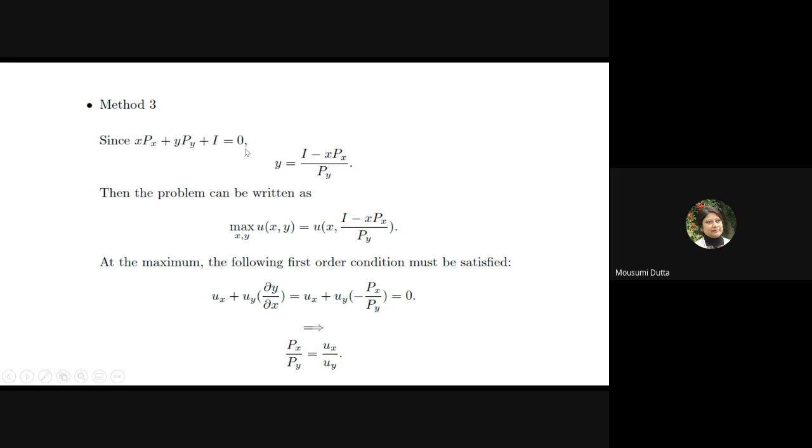So first write down this equation, xpx plus ypy plus I is equal to 0, and from there, adjusting the equation, please check whether you are getting y in this format. Once you complete this, please let me know. It would be a minus sign.